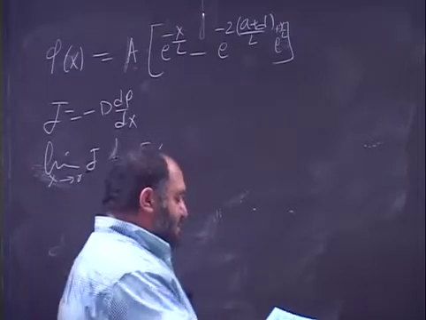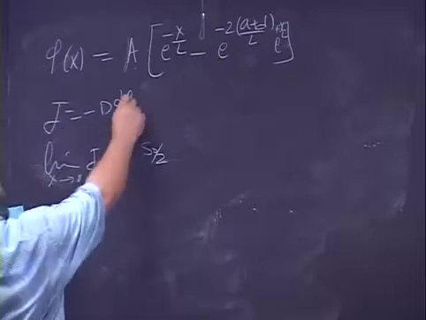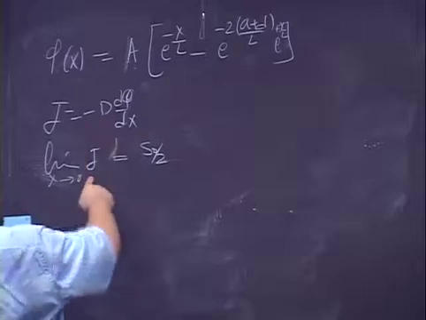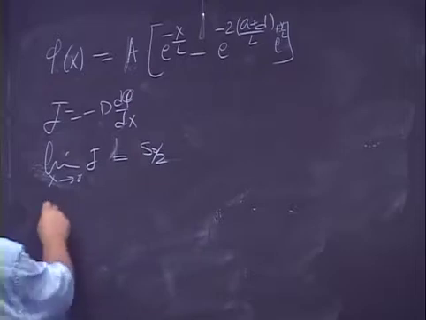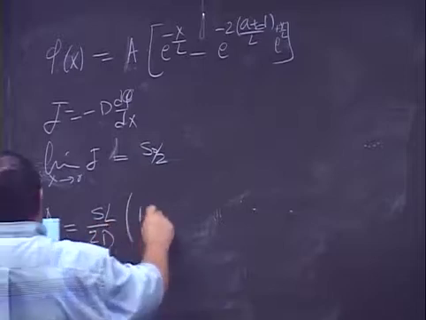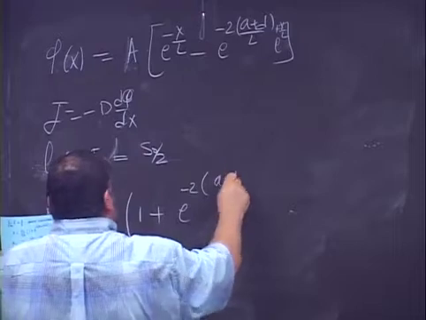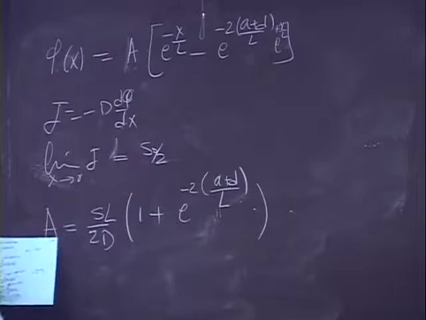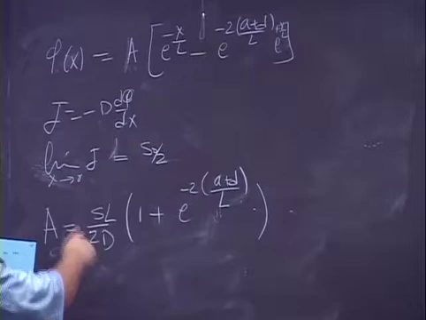When you do this, you have to take the derivative of phi, d phi by dx, and then multiply it by D to get the current. Substitute here, then you will get the constant A. So the constant A is just SL over 2D multiplied by 1 plus e to the power of minus 2 A plus D over L. Then you have to substitute back in the flux.